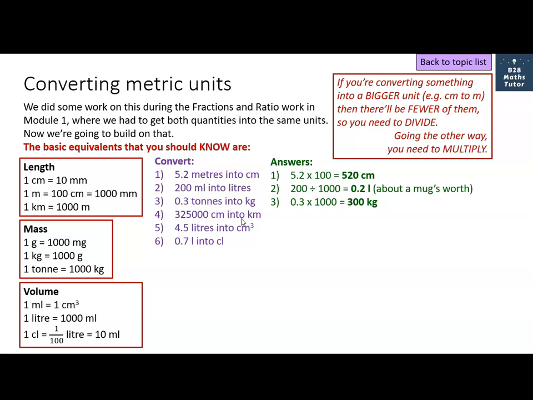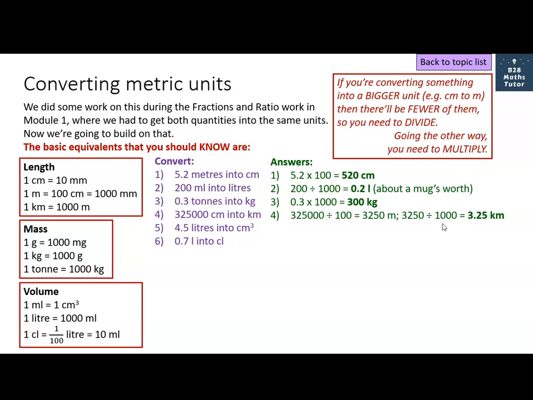325,000 centimetres into kilometres. Now it makes sense to do this one in 2 stages, just like we did with map scales. First, let's turn it into metres. We need to divide by 100 to turn centimetres into metres. And then turn the metres into kilometres, so we divide by 1,000. So 325,000 divided by 100 turns it into metres, 3,250 of them.